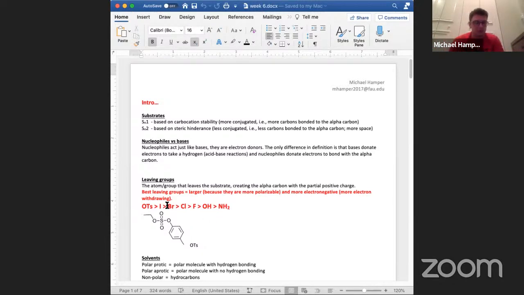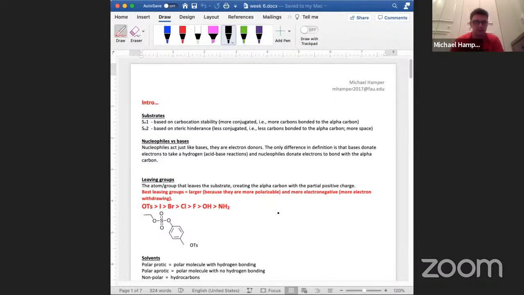But if you look at this trend, if they are in the same group on the periodic table, these are the main ones, usually halides. So this is carbon, nitrogen, oxygen, fluorine, then chlorine, then bromine.